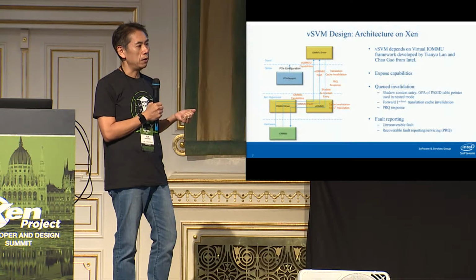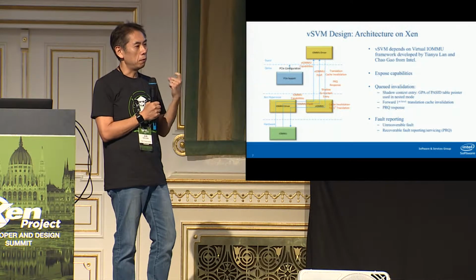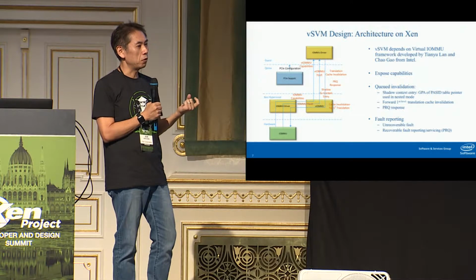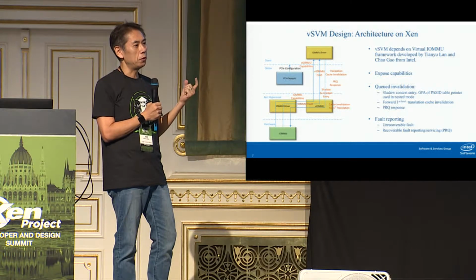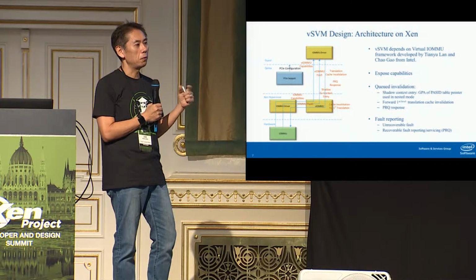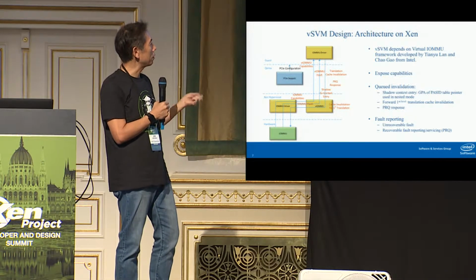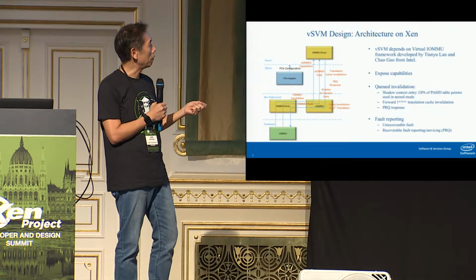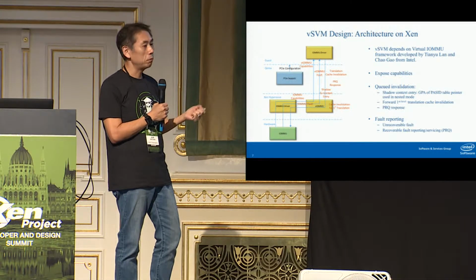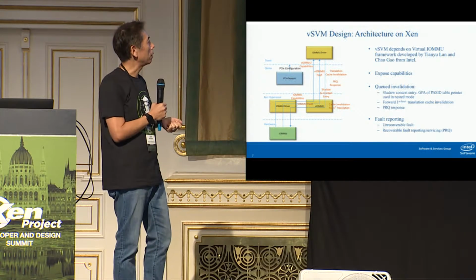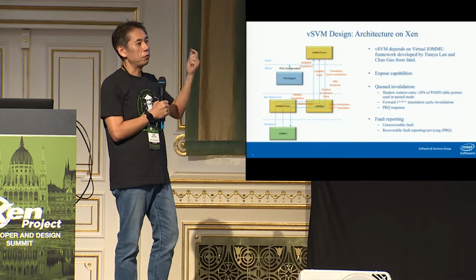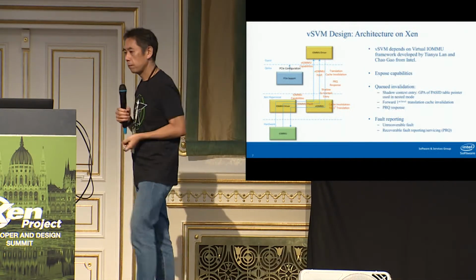In our case, we need to send the notification, the events, to the guest operating system, because only the guest knows to set up a translation in the guest page table, right? So we really need to get this page fault, it's called a PRQ, page request, okay? And then go back to the guest operating system.